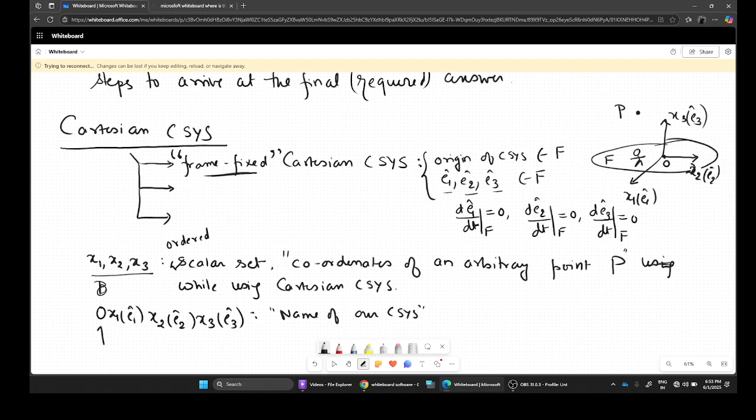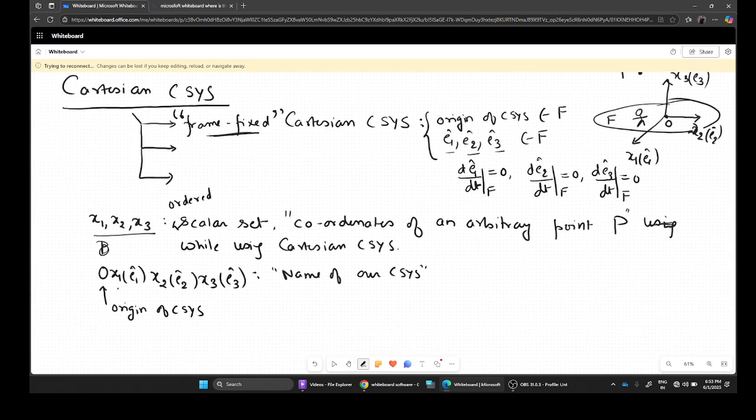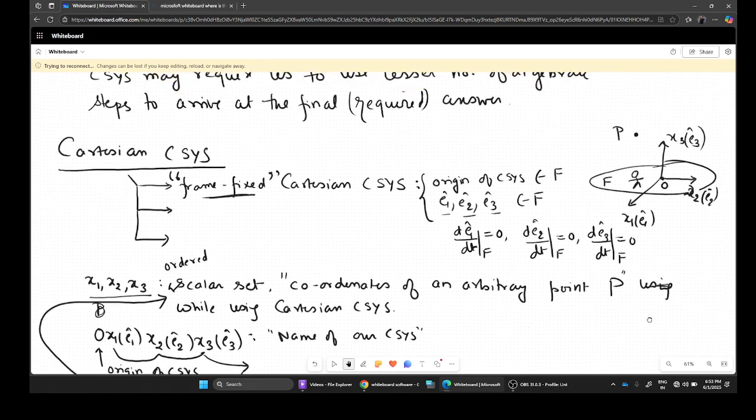Now the first letter appearing here denotes the origin of the coordinate system, right? Whereas these three, I have already said, are the scalar set, and they make an ordered scalar set, and they are the coordinates of an arbitrary point P. You can write it here.